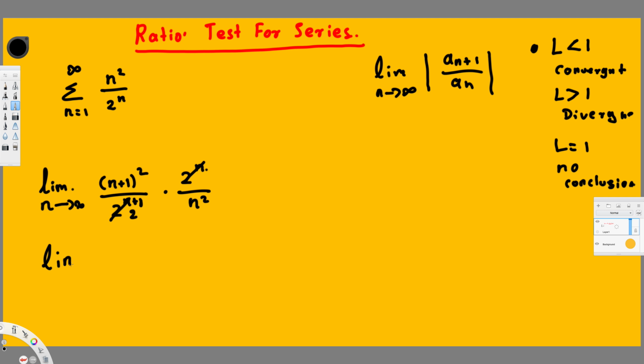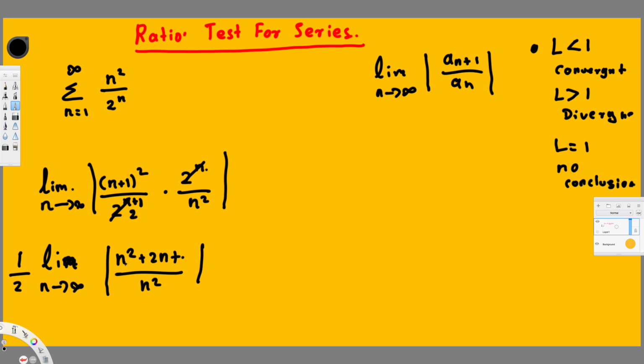This is the absolute value we are taking, limit as n approaches infinity. We have (n+1) square, and if you expand this, it's n square plus 2n plus 1, and in the denominator we have 2 power 1, which I can bring to the front, so it's 1 over 2, and then we have n square.